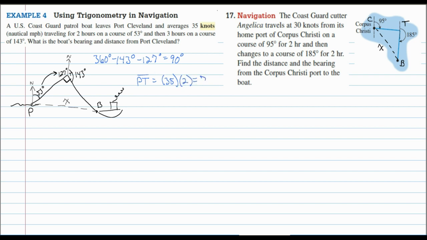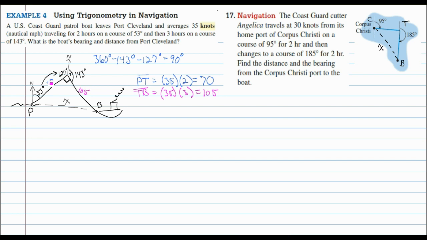So that's going to be about 70 nautical miles. Then TB is going to be the rate the boat was traveling, still the same speed, 35 nautical miles an hour, but now for 3 hours. So that's going to be 105 nautical miles.